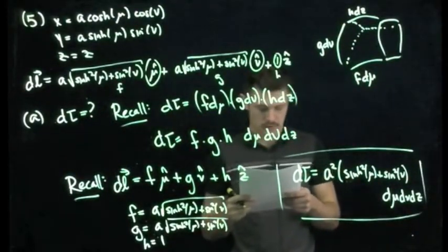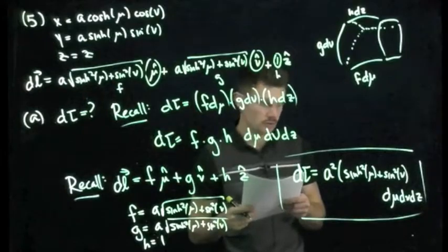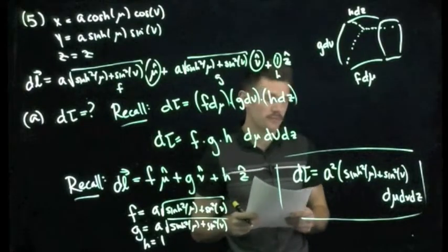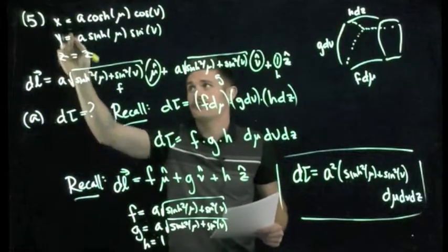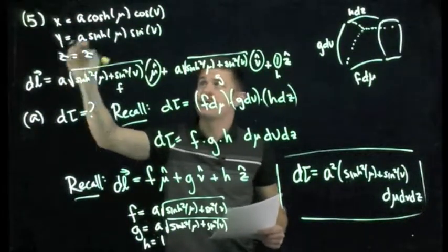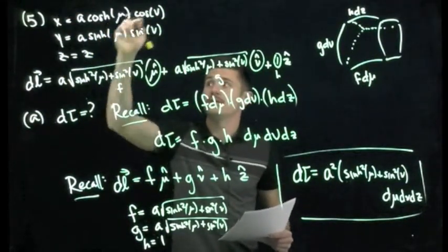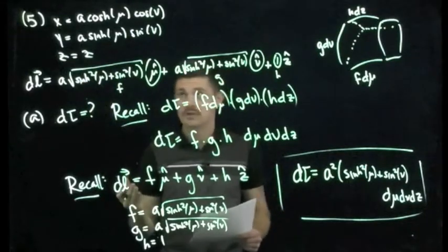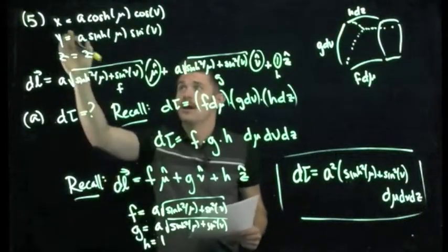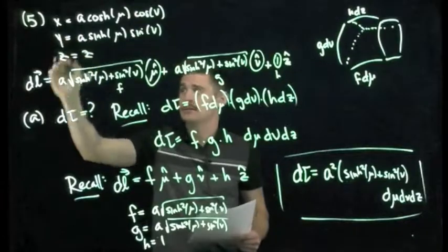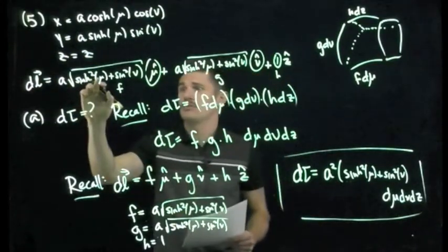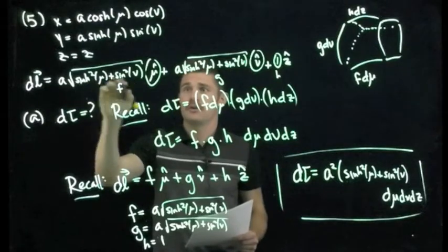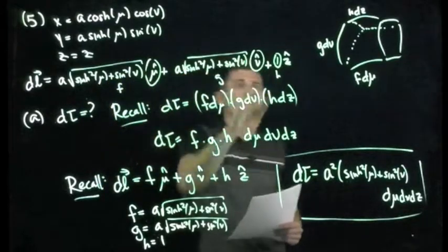Again, we recall that because we have our coordinate transformation from x, y, and z into our new coordinate system mu, nu, and z, which is the elliptical coordinates, we can have the one-to-one transfers like this. Our line element is just given in the problem as a times the square root of sinh squared mu plus sine squared nu, times mu hat plus nu hat plus z hat.